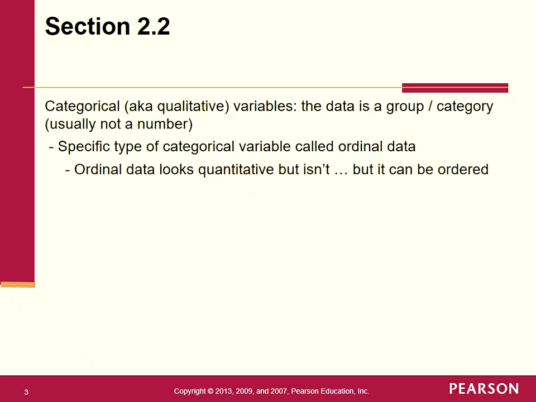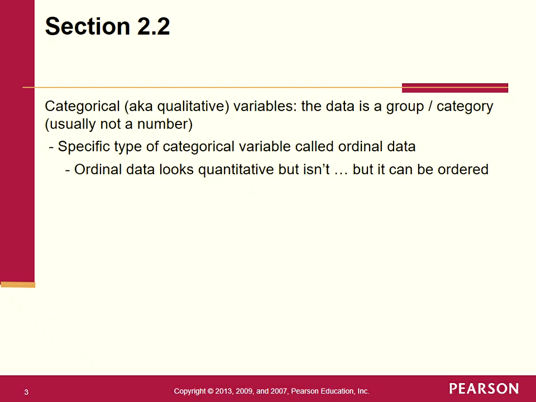There's an order to it, but there's no scale. For instance, April, month 4, isn't 4 times as big as January in some way, shape, or form. It's just that there's an order to that. So you've got to pay attention to whether these things are ordinal or not.